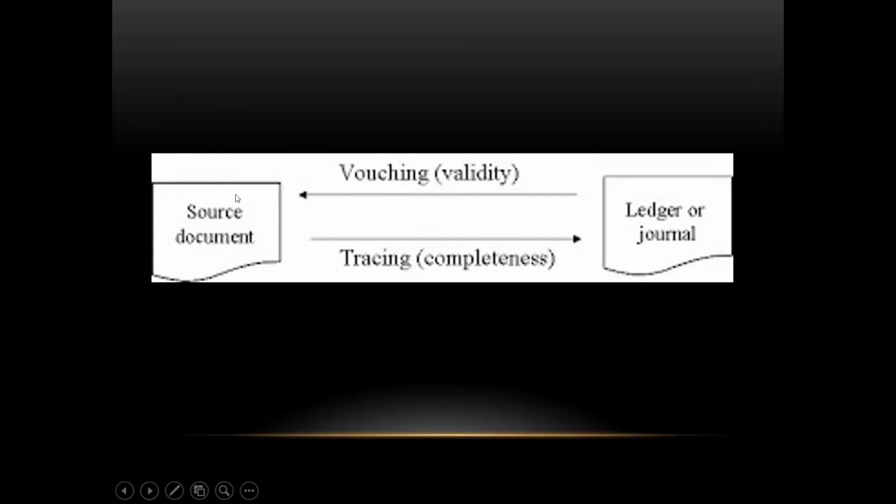But when the auditor first checks the source document, like the invoices, and then after finding the invoices, finds the ledger or journal, it is called tracing. The aim of tracing is to check the completeness of the transaction, whether all the transactions are already recorded in the ledger or journal.